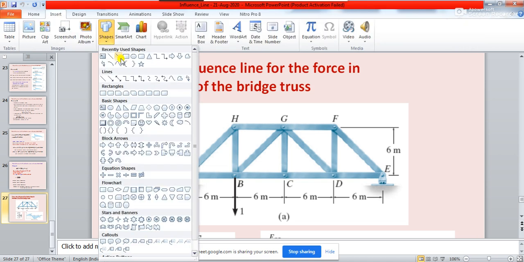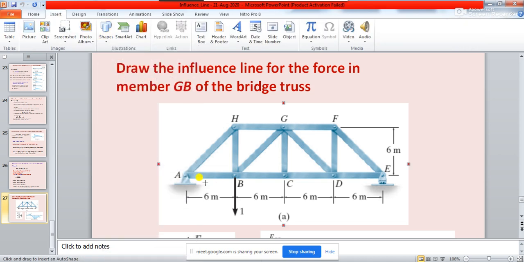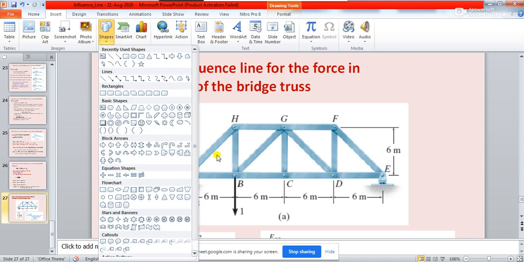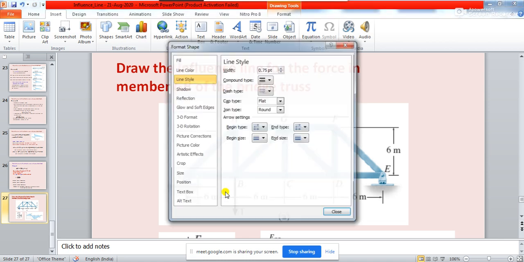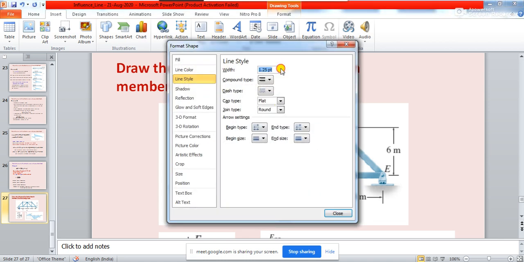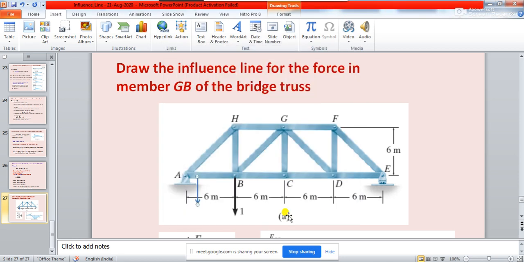That means, what I am trying to say, let's say you have one unit load something like this, and you need not pass this unit load over every point of this truss member. Let me make it a little thicker. Let's say you have a unit load, entering from this side.